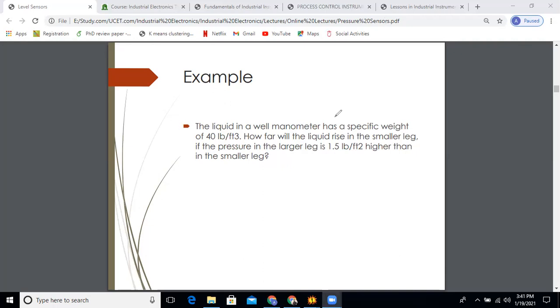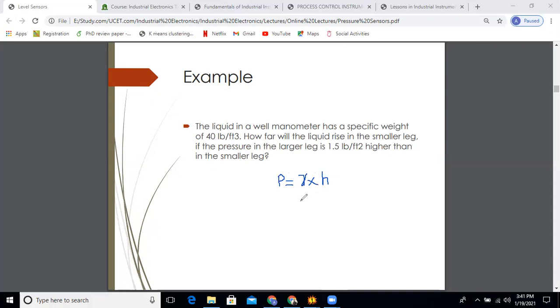We can annotate the given data, and I will let you know how we will solve this example. You know that P is equal to gamma cross H, where H is the height which is required.